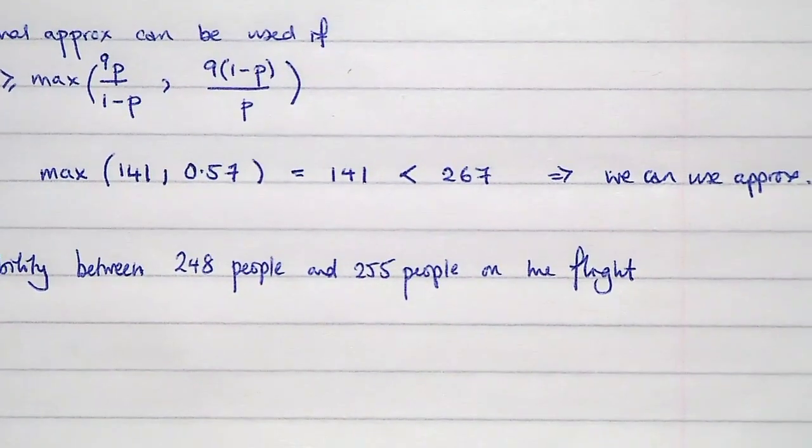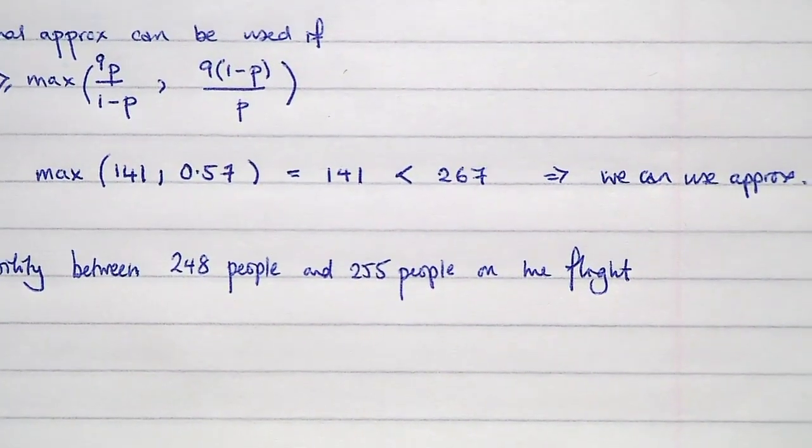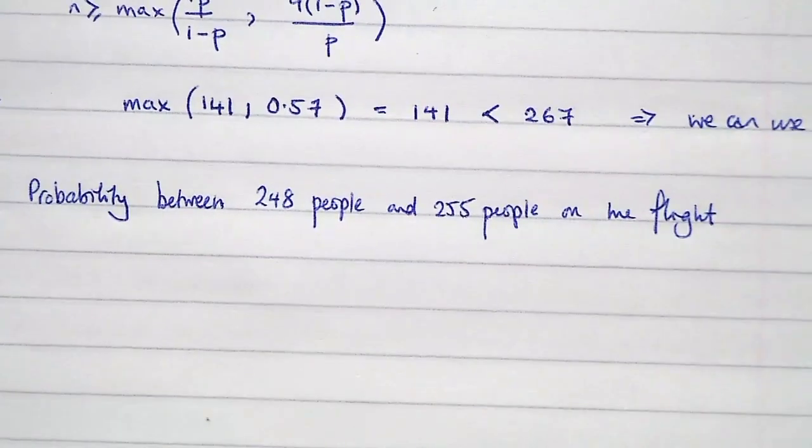Now I need to relate this to my random variable y, the probability that there's between 248 people and 255 people on the flight. My first temptation might be to say, okay, y has to be between 248 and 255, and this is not the case. The reason is that if more than 255 people show up, we've only got 255 seats, so the excess have to go on the next flight.